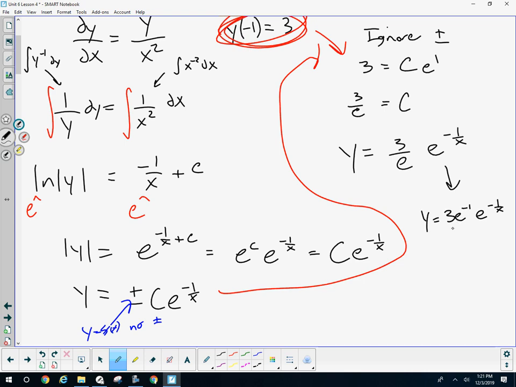And then maybe we use our exponent properties that will allow us to add -1 and -1 over x. Usually it's just numbers that we are adding, but if it's x's and numbers, you just add them together. So this is good for free response. You may need to be prepared to turn it into this for a multiple choice.